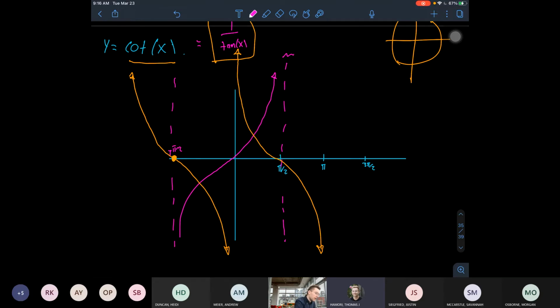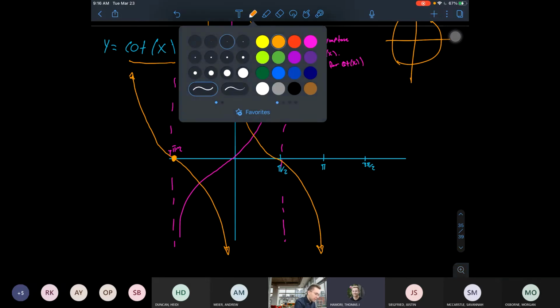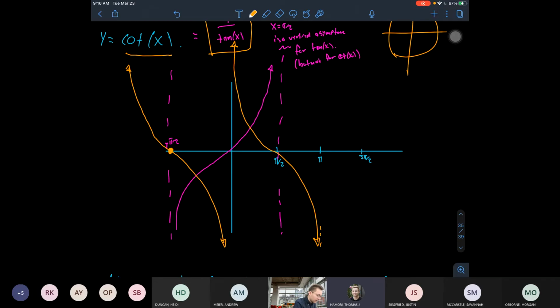This pink x equals pi over 2 is a vertical asymptote for tangent of x, but not for cotangent of x. And at the risk of making our graph even messier, I'm going to draw in the actual asymptotes for cotangent, which will be offset again by pi over 2.